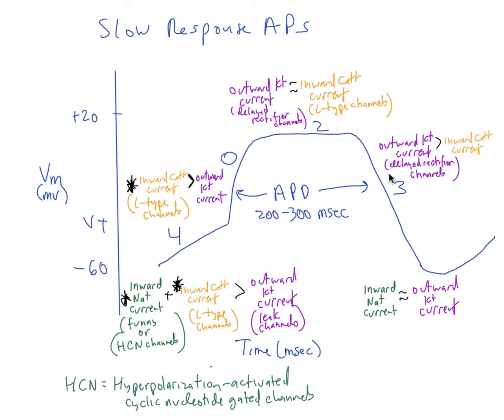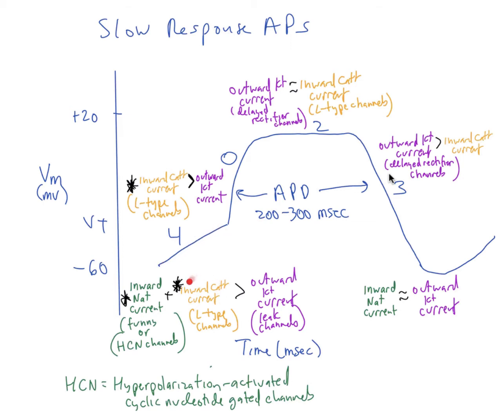And the reason for that is we have a combination of some currents. We have an inward sodium current through funny sodium channels, or HCN channels, which are hyperpolarization activated cyclic nucleotide gated channels. And that is going to contribute to this rate of depolarization.